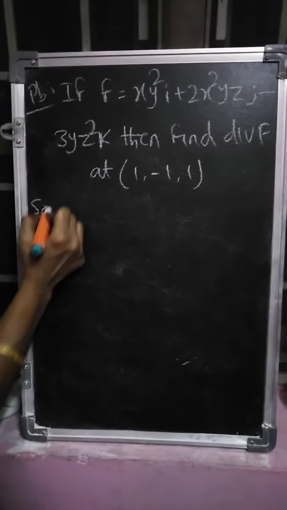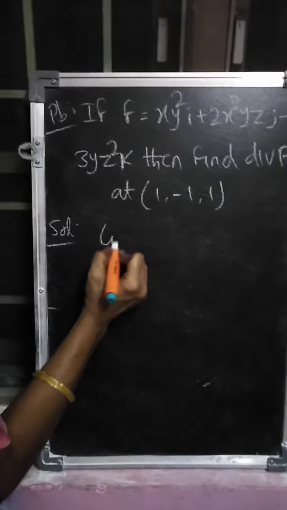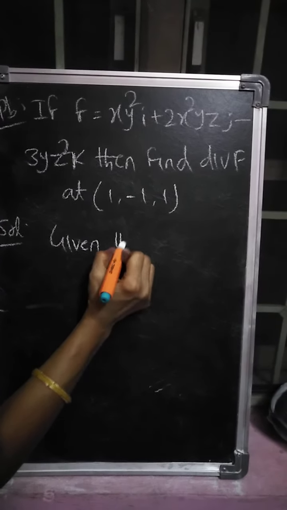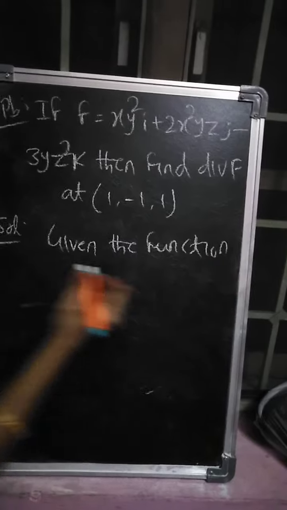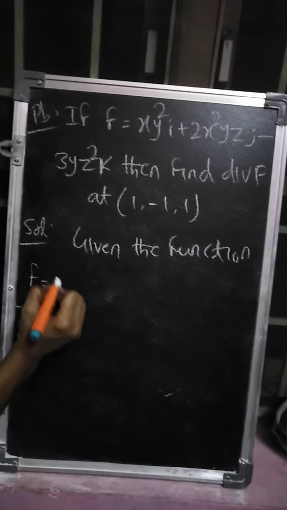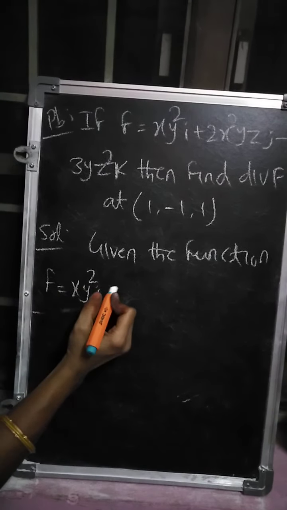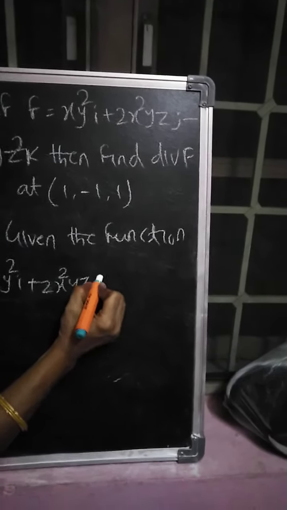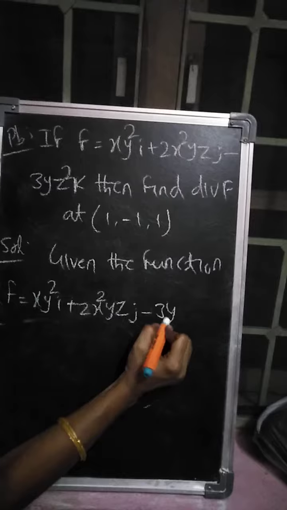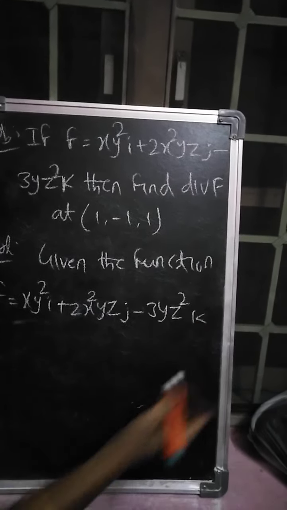Solution: here the given function is f equal to xy square i plus 2x square yz j minus 3yz square k.